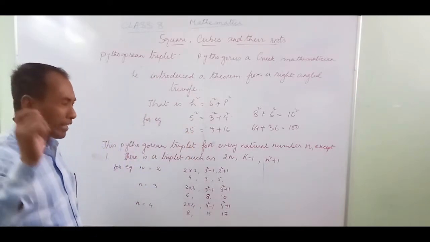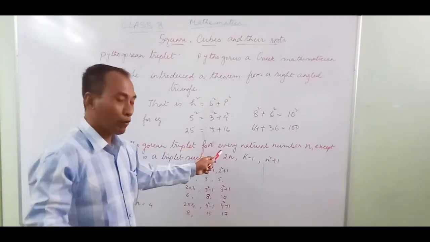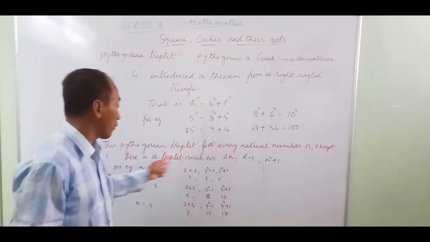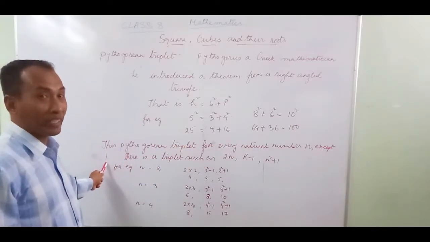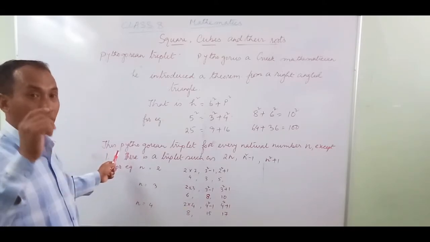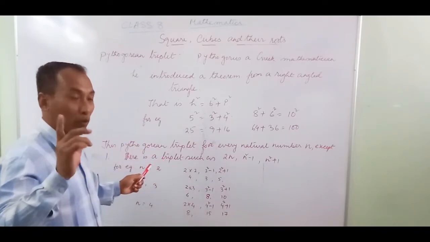For every natural number there is a Pythagorean triplet, except for 1. For 1 there is no Pythagorean triplet. But for 2, 3, 4, 5, 6, every natural number has a Pythagorean triplet.